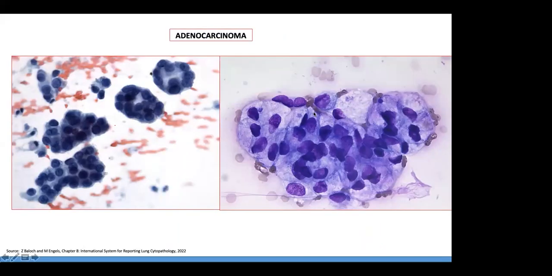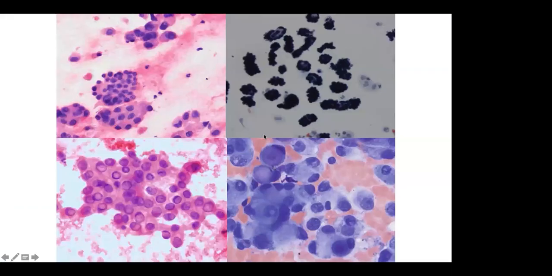Okay, here I will show some figures of adenocarcinoma that are published in the book. So you see sometimes they are very clear, with small acini or mucus in the cytoplasm. Sometimes there are big groups of cells, as you can see here.